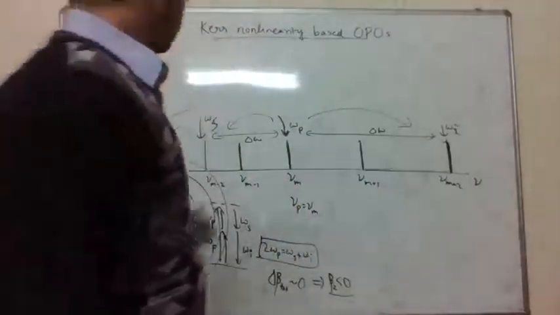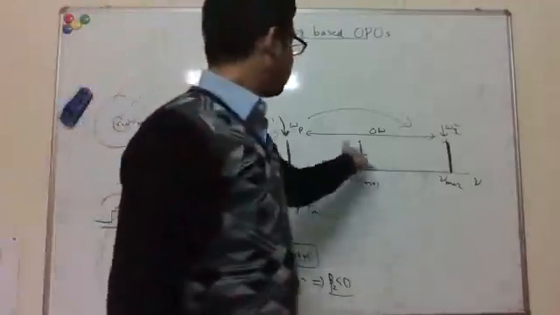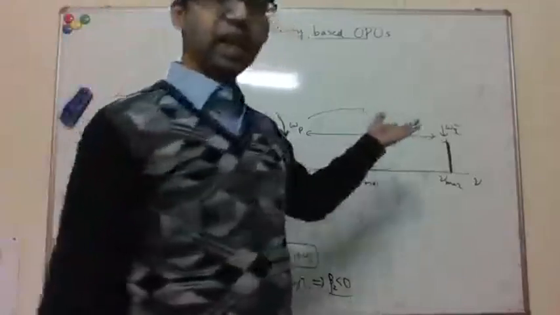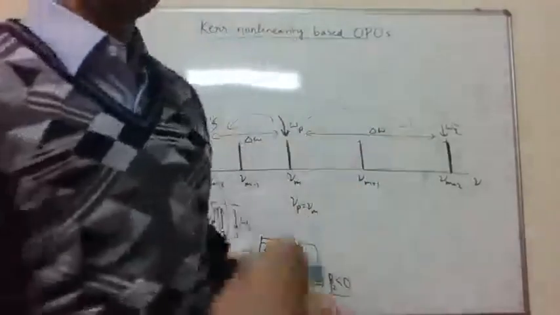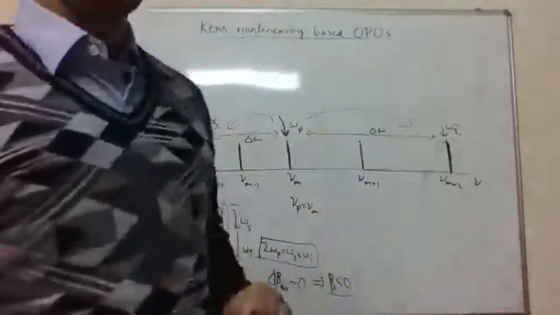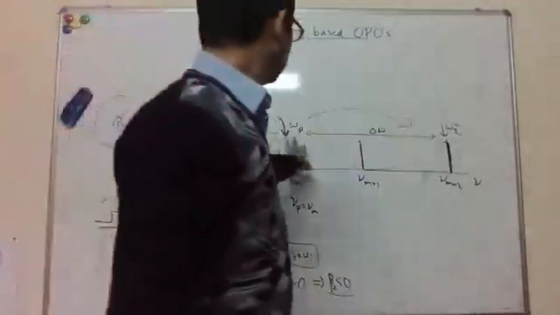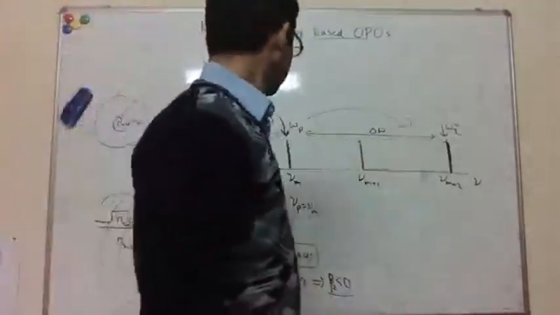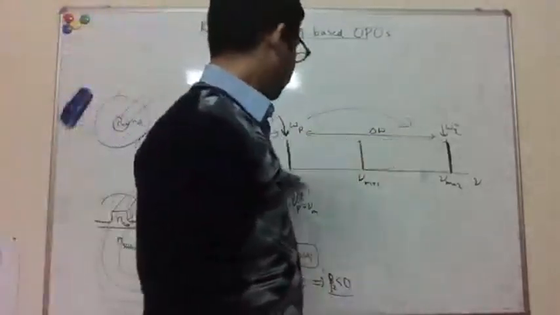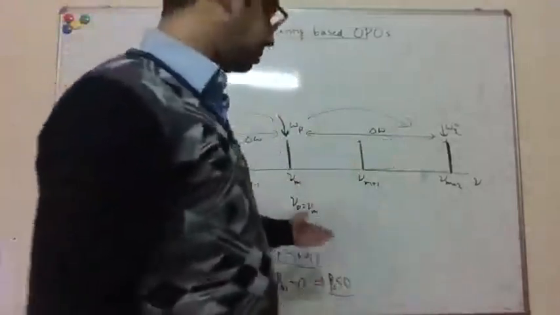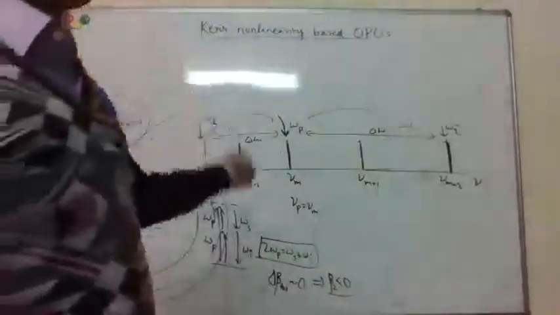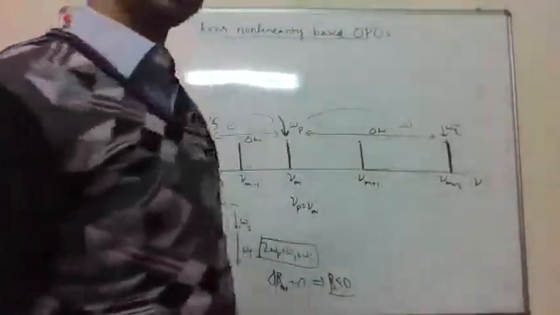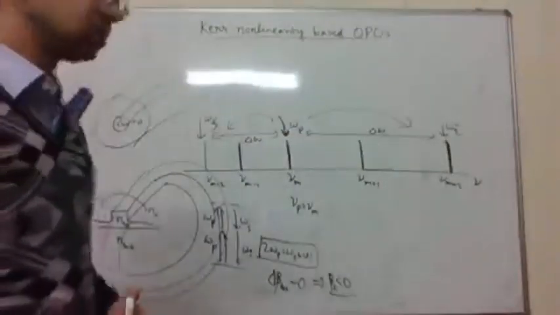In our analysis of the cavity so far, we haven't taken any nonlinear phase shifts into account. We just took some round trip phase and equated it to 2 pi. So this is just the bare cavity resonances that you get from its dispersion property. But when you factor in the nonlinear phase shifts, it turns out that this problem gets solved. So we'll see next time how that happens.